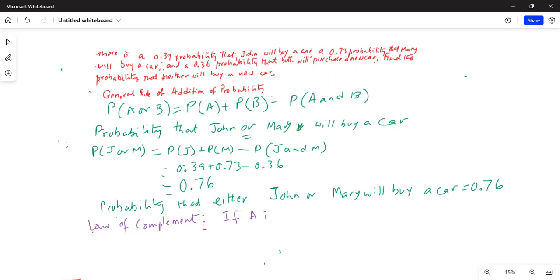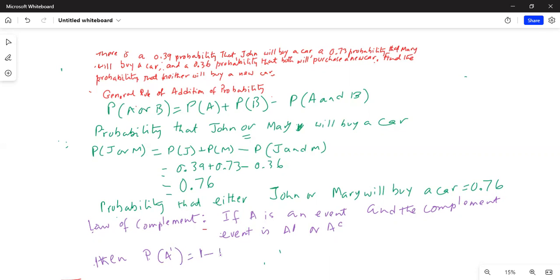If A is an event and the complement or the opposite event is A prime, some books call it AC, then probability of A prime is equal to 1 minus probability of A. So this is the law of complement or probability of complement event A prime.